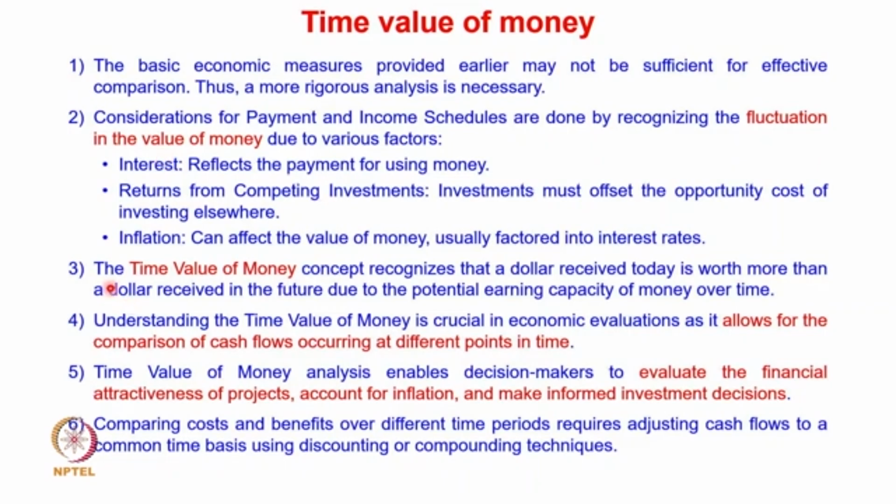Then the time value of money concept recognizes that a dollar received today is worth more than a dollar received in the future. So if I get 100 rupees after 1 year, its value today will be lower.